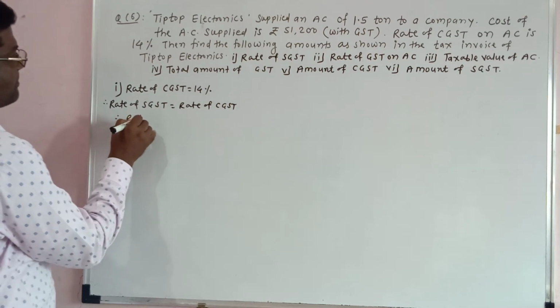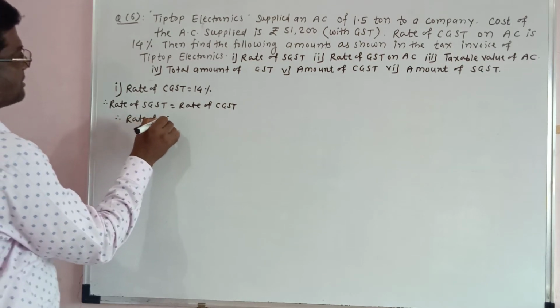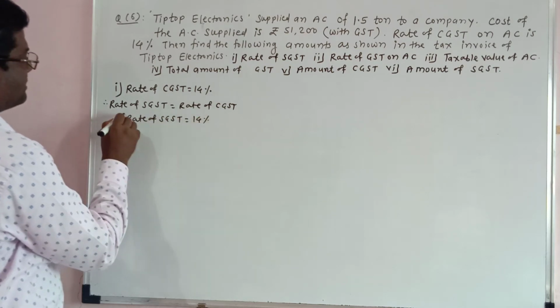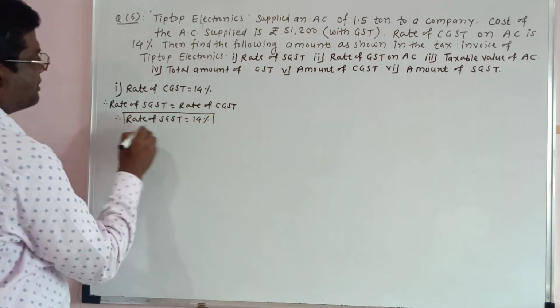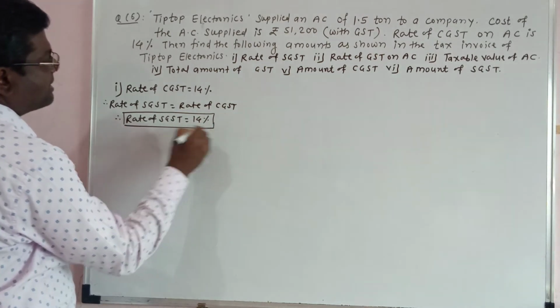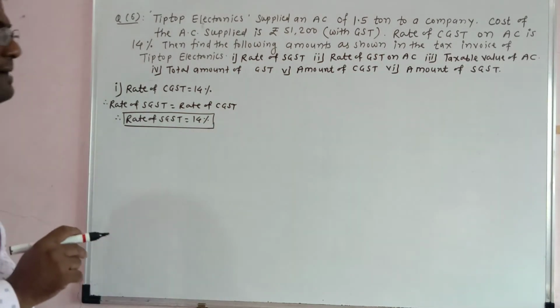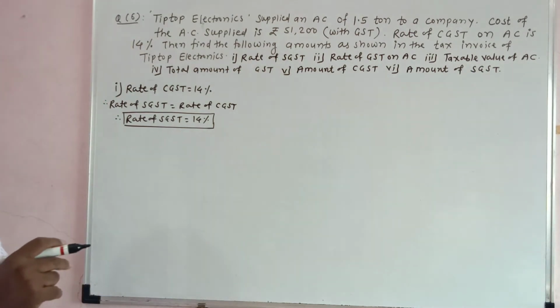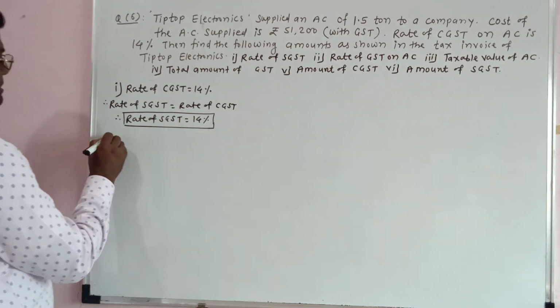Therefore, the rate of SGST is equal to 14%. The rate of CGST and the rate of SGST are the same. Therefore, the rate of SGST is 14%.